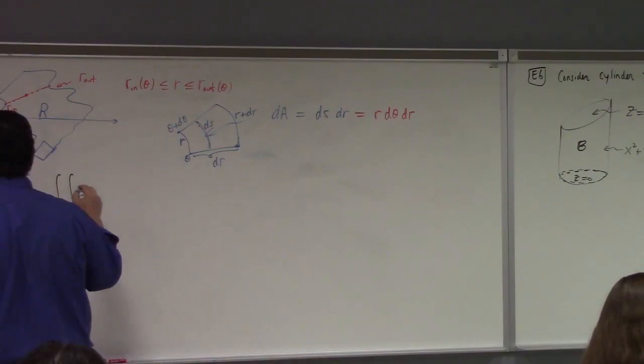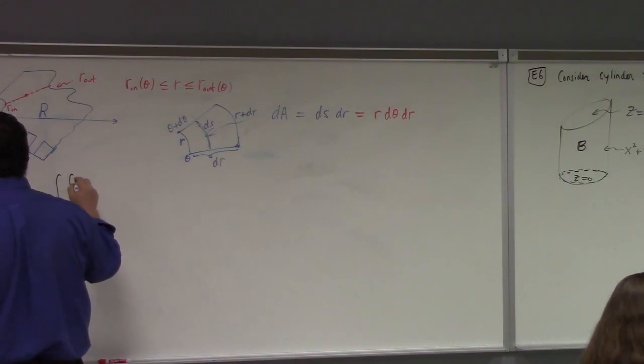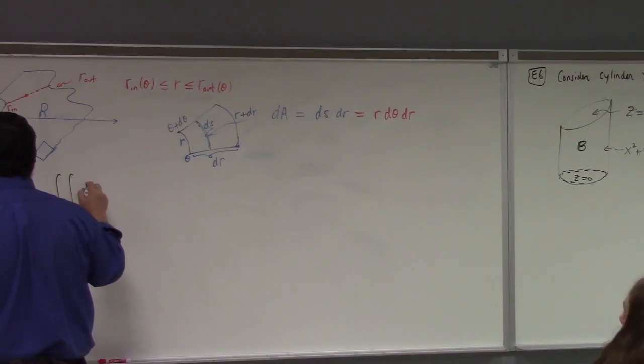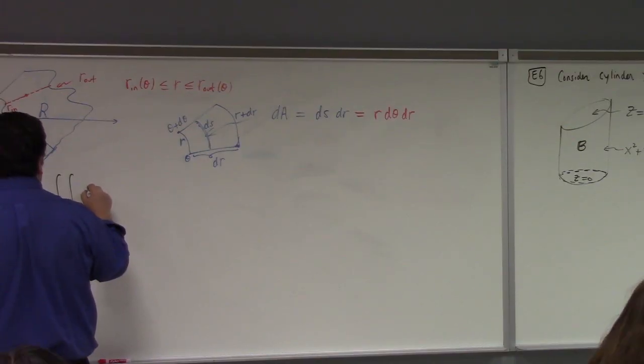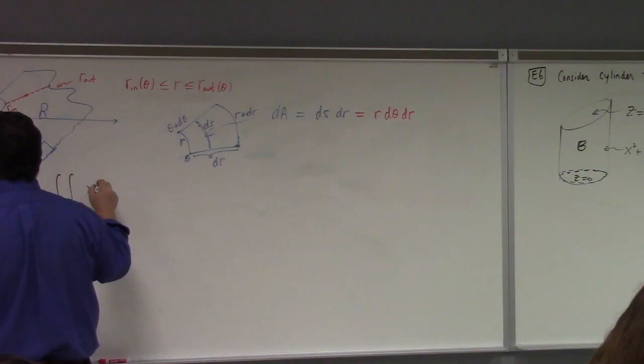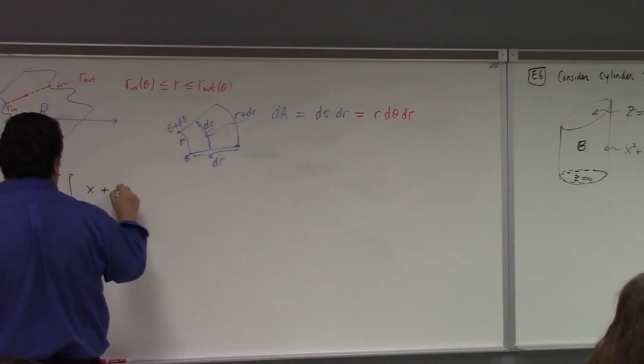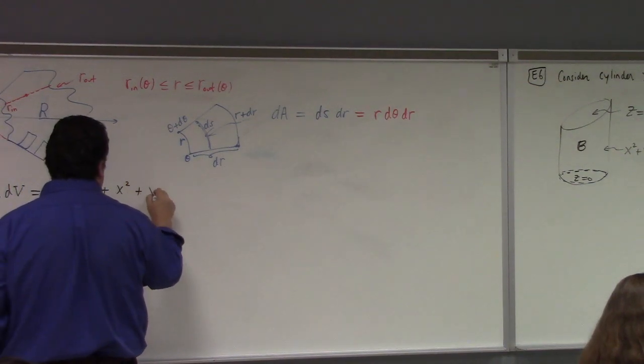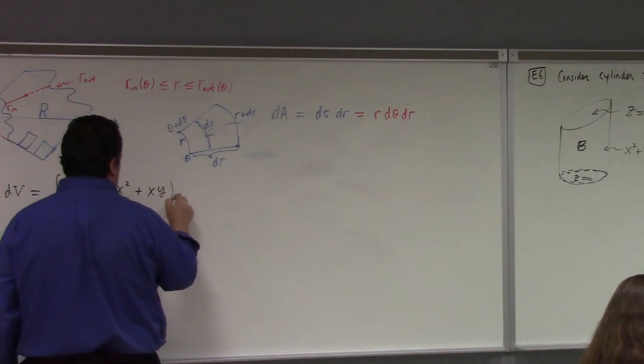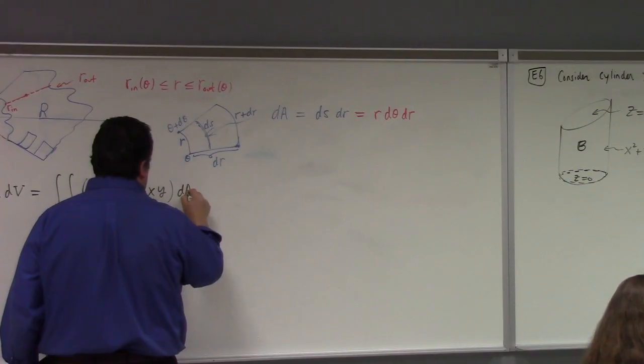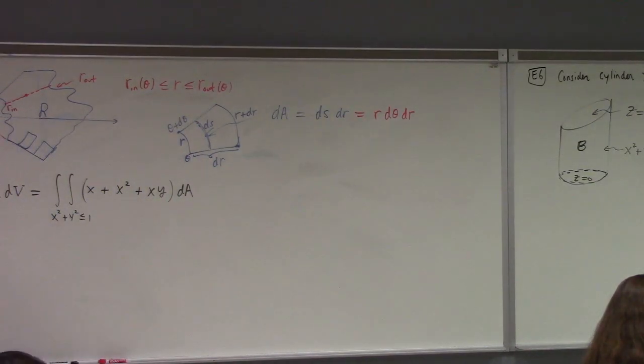And we had x plus x squared plus xy, I'm going to multiply it out if you don't mind. Do you agree that the problem we just did amounts to calculating the integral of x plus x squared plus xy over the unit disk?